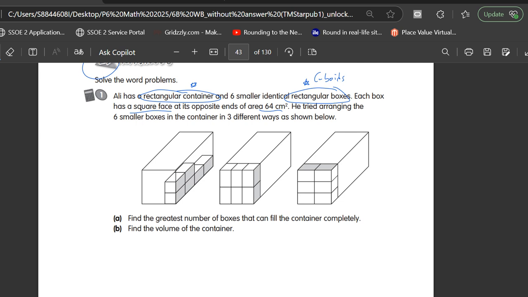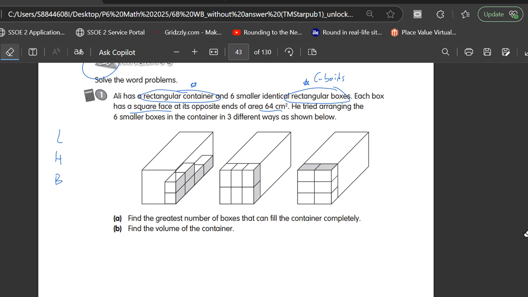The interesting thing about this particular question is that Ali took the boxes and then arranged them in the bigger container in different ways. Now you can think about it this way. When Ali arranged the smaller boxes in the container in 3 different ways, it's basically giving us the clues to these 3 measurements: the length of the container, the height of the container, and the breadth of the container.